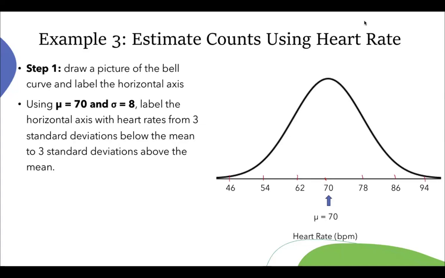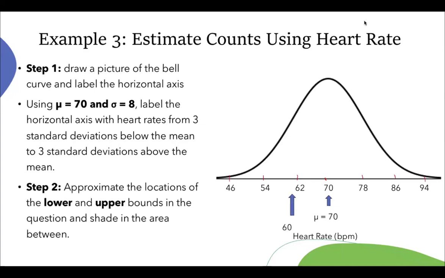Between 60 and 80, our lower bound is a little bit to the left of 62. That's a little bit to the left of a z of -1. And our right bound is 80, a little bit to the right of 78, so it's a little bit more than a z-score of +1.